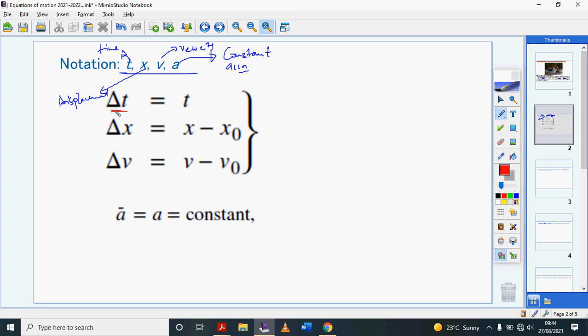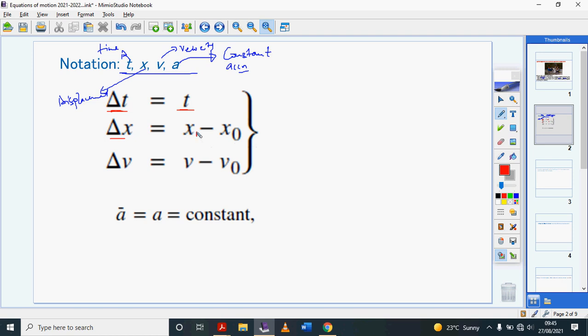A change in time will always be considered as t because time changes from 0 to some value. We just ignore the 0 because it would have been t1 minus t0, but t0 is always 0 because it's the starting time. So we'll just use t1, which we are comfortable calling t. A change in displacement will be given by x1 minus x0.